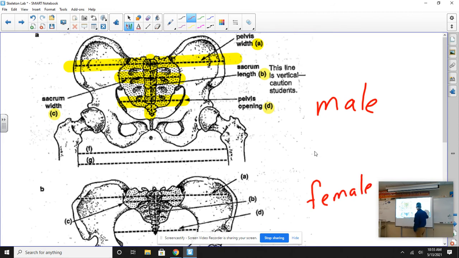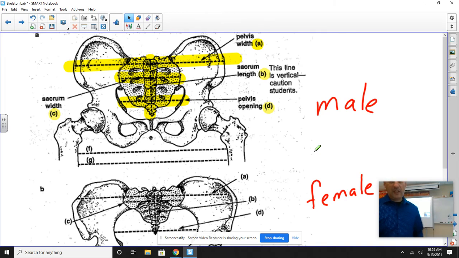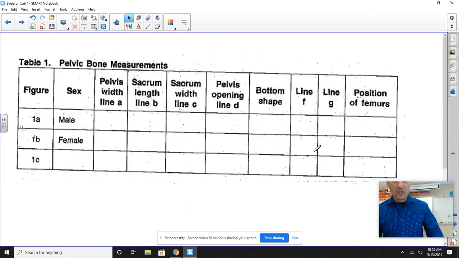So you're going to measure those same A, B, C, D, and put them in the data table on the next page, right here.